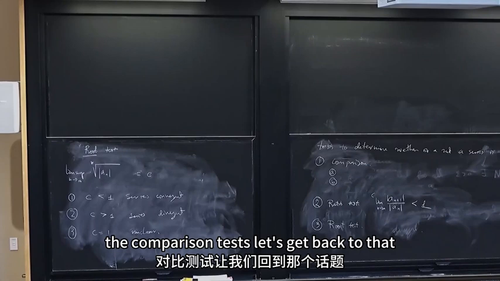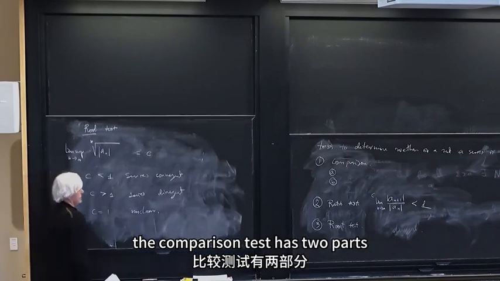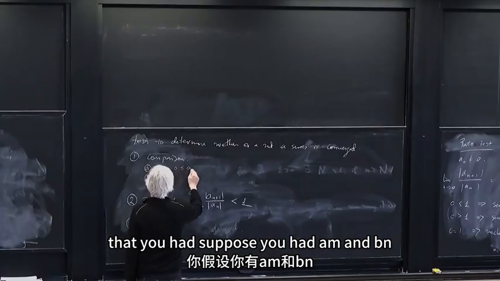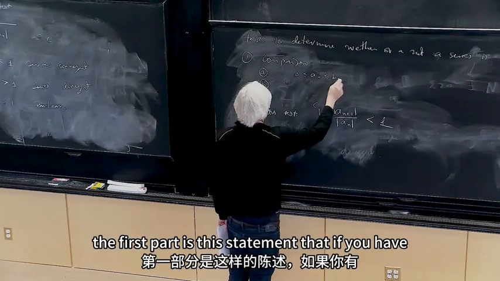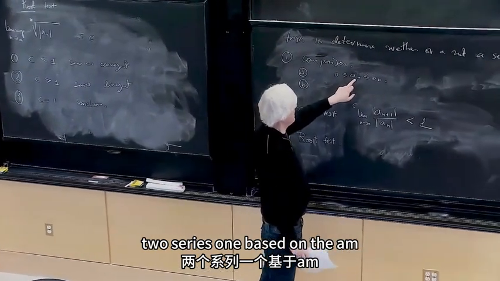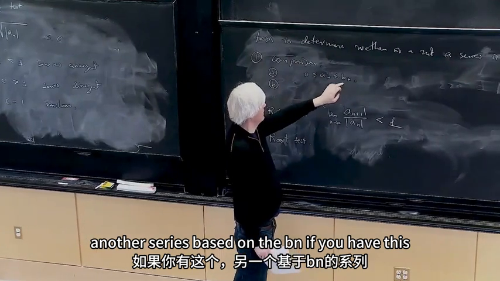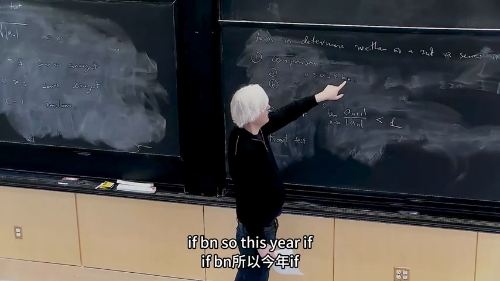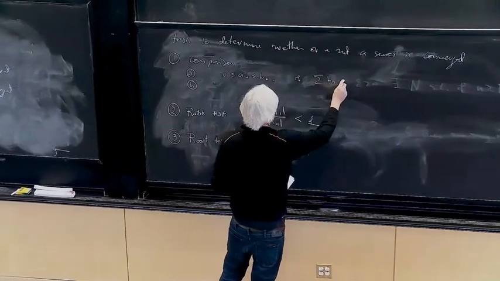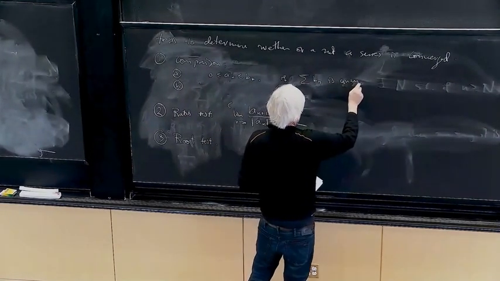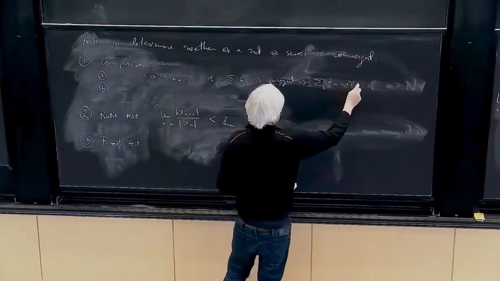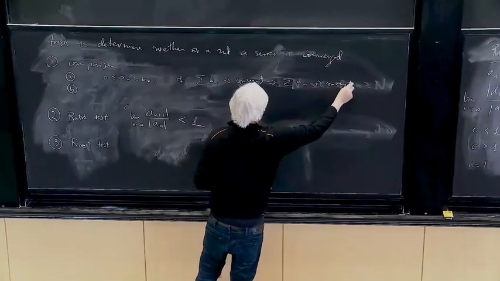The comparison test, let's get back to that. The comparison test had two parts. Suppose you had a_n and b_n. The first part is the statement that if you have two series, one based on a_n, another based on b_n, and the series of b_n is convergent, then it implies that the series of a_n is convergent.